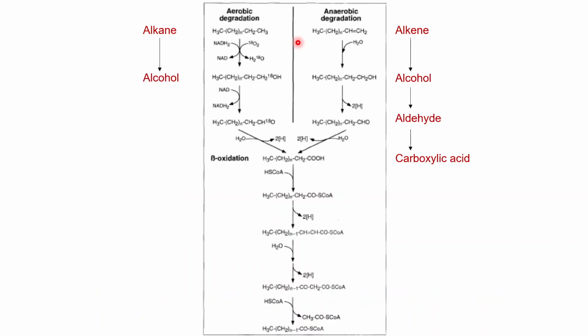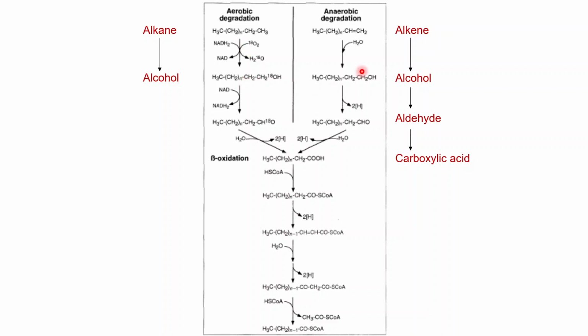So here in this pathway you can understand, any alkane, any number of carbons, 5, 6, 7, 8, 10, 18, anything. Whatever alkane is there, it will first be converted into alcohol, or whatever alkene is there will also be converted into alcohol.